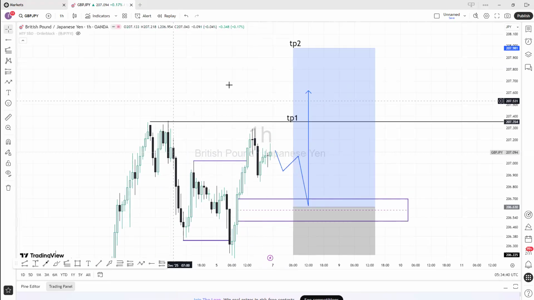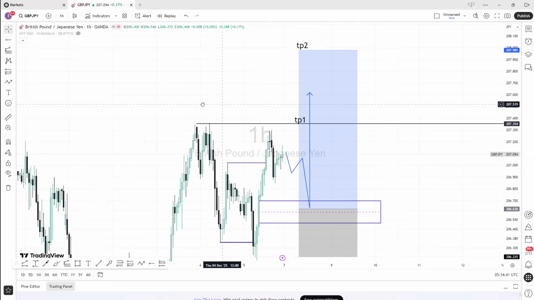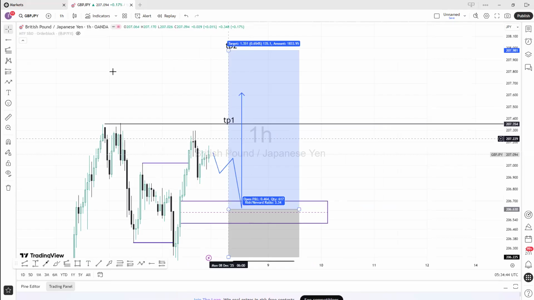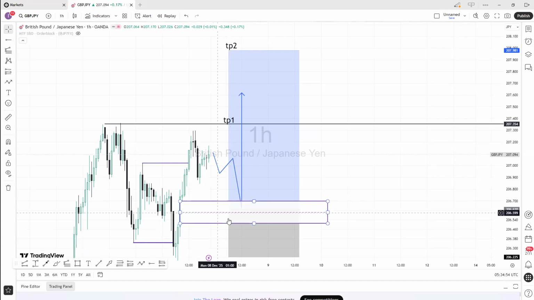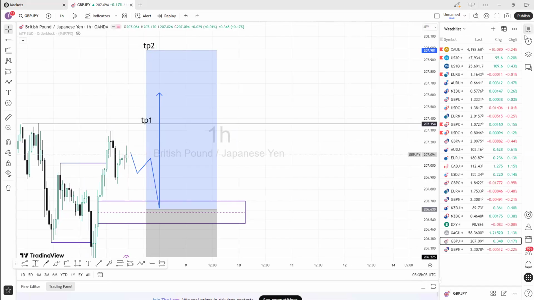Simple setup. So for next week, you have to wait for retracement to that discount level, and then wait for confirmation or a rejection or reversal pattern on your time frame, and then get in for a long position, and hold your entry until it reaches your take profit target. Okay, that is it on GBP JPY.